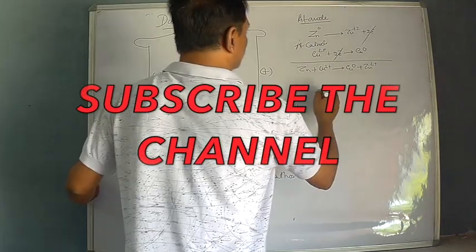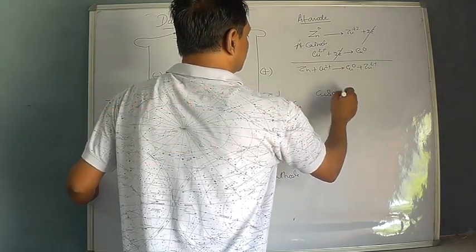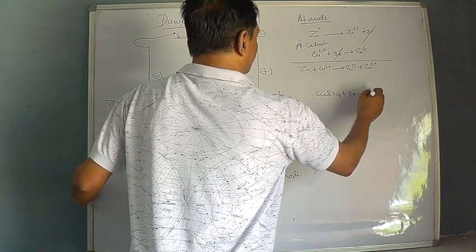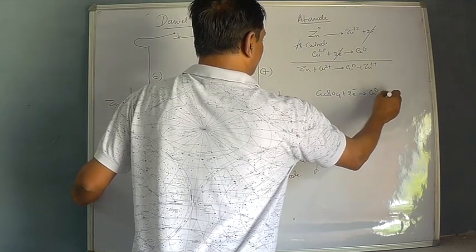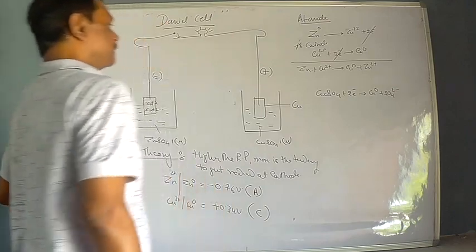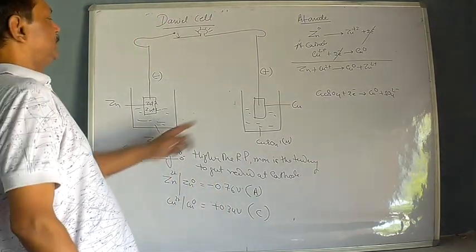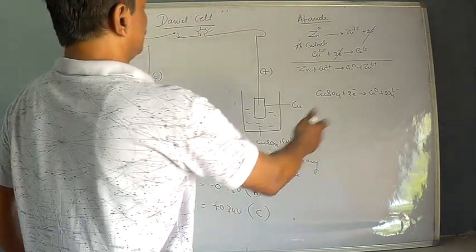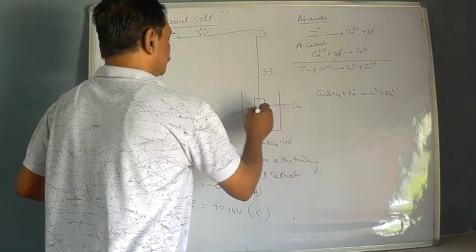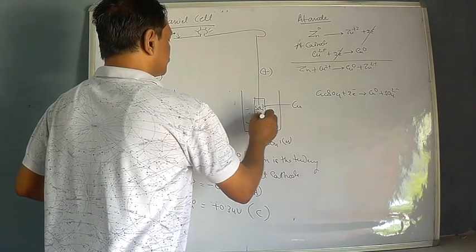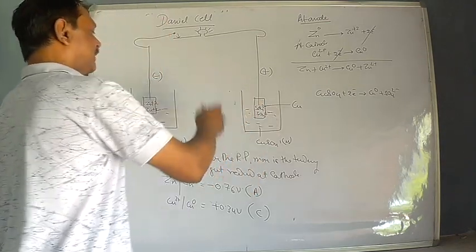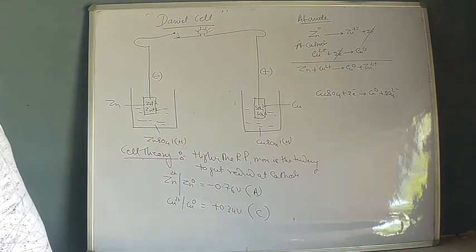Similarly, what is happening here? Copper sulfate consumes 2 electrons and gives me Cu0, liberating sulfate ions. The plate being positive, these sulfate ions get deposited on the cathodic plate, and now further reduction stops at the cathodic plate.